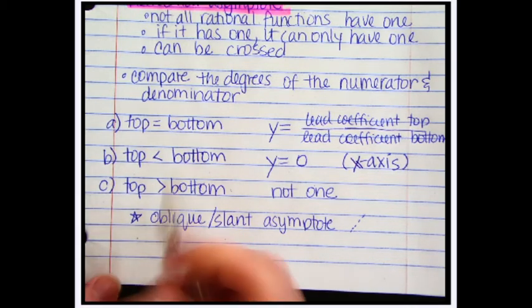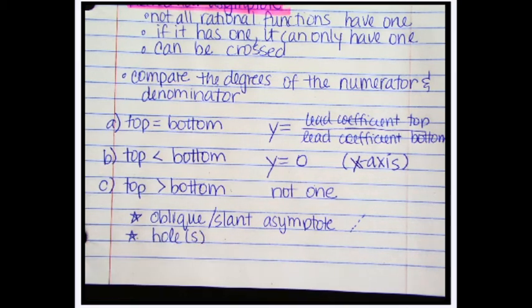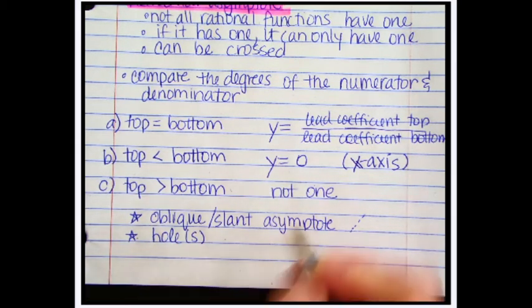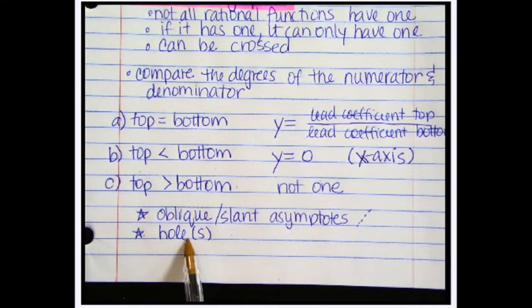There's also what's called a hole or holes. That would be when instead of having an asymptote, you just have a hole. So instead of a whole line, you have one little spot where it's not defined. This happens when you have repeated factors, something that can be canceled out of the top and the bottom.